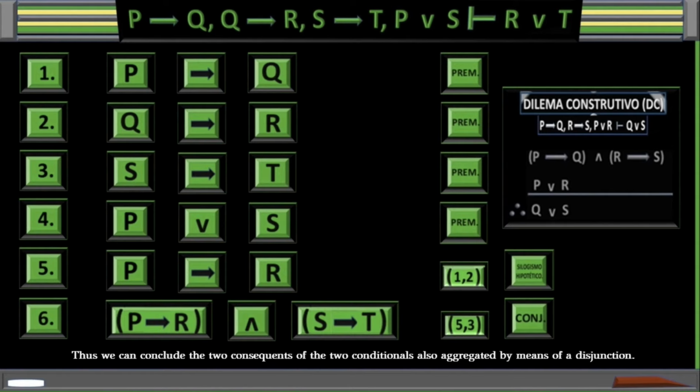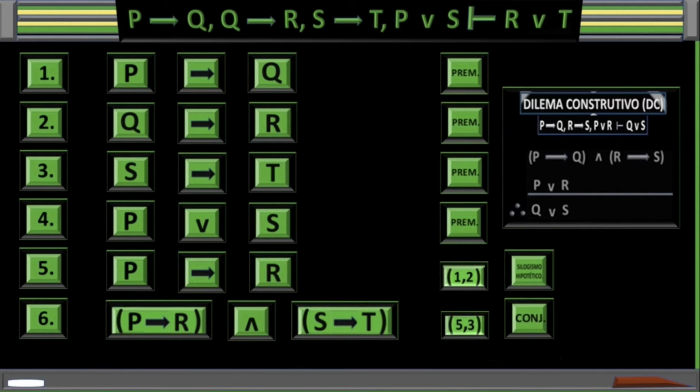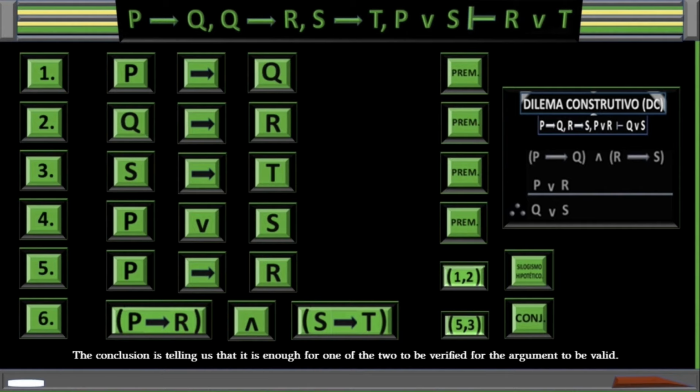Thus, we can conclude the two consequences of the two conditionals also aggregated by means of a disjunction. The conclusion is telling us that it is enough for one of the two to be verified for the argument to be valid.